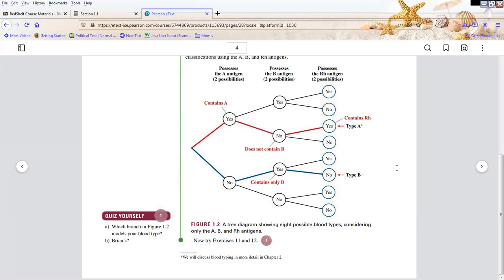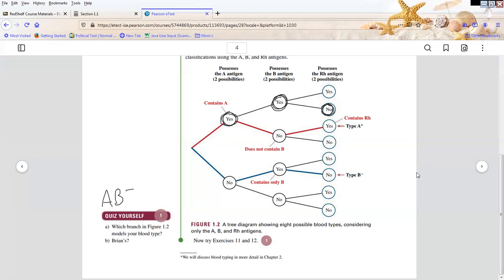So AB negative is our blood type. So we have the A antigen, AB negative. We have the B antigen, but we're negative for the RH antigen.